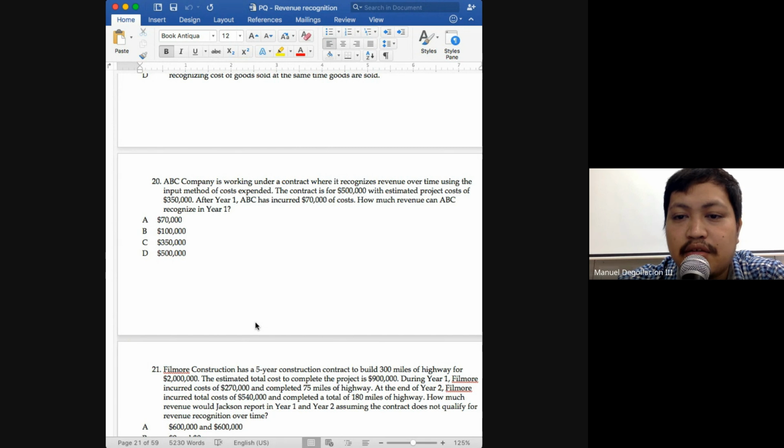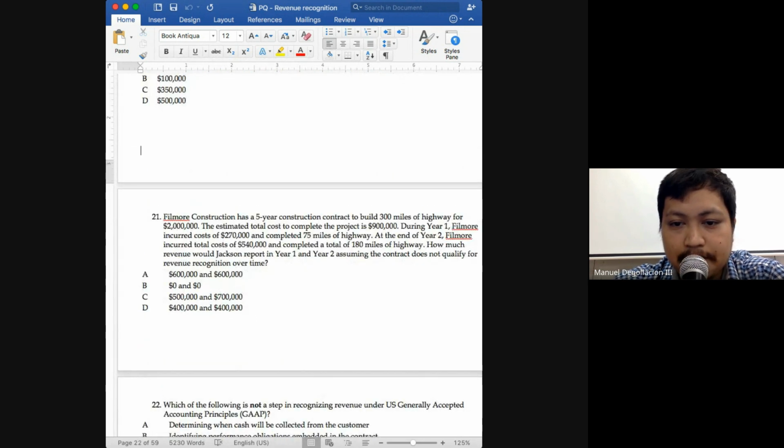That means expected gross profit is 150. You multiply 150 by 20%, you would get 30,000. That would have been the answer to number 20 if the question was how much profit will be recognized in year 1. But since the question is revenue, meaning before deduction of the cost, the answer there will be 100,000.